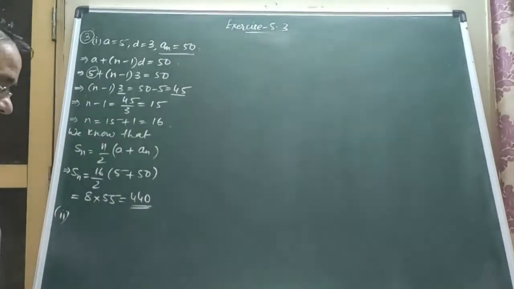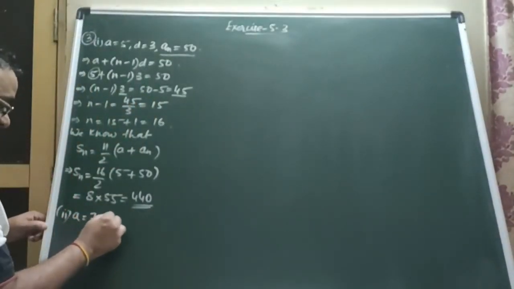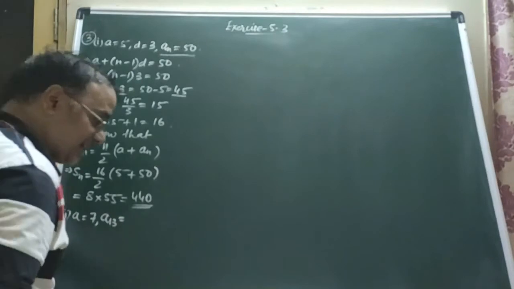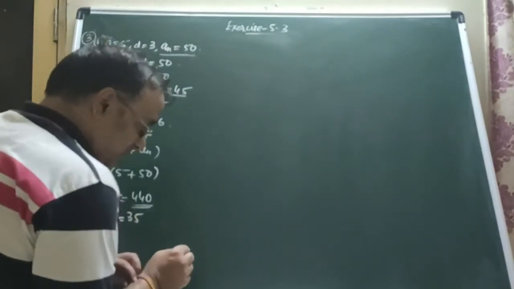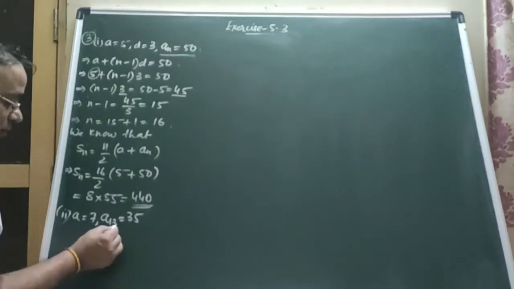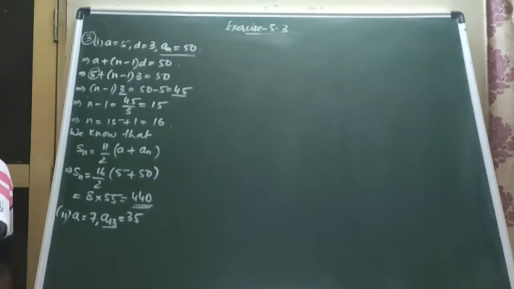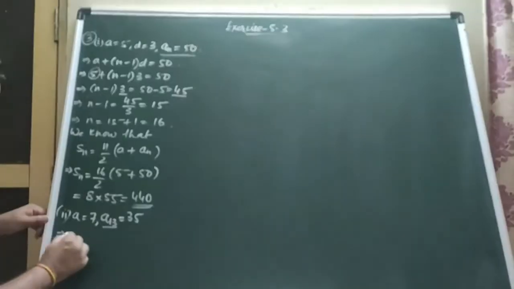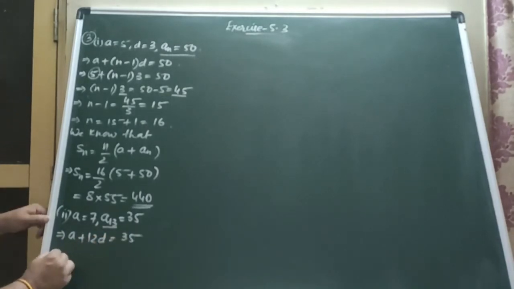Now second bit, given a is equal to 7 and the 13th term is given 35, we have to find d and S13. So how will you write a13? a13 is written as a plus 12d. Now substitute the value of a, that is 7.